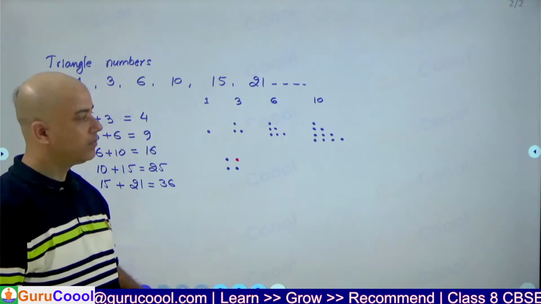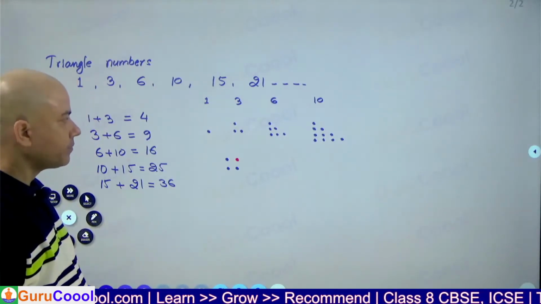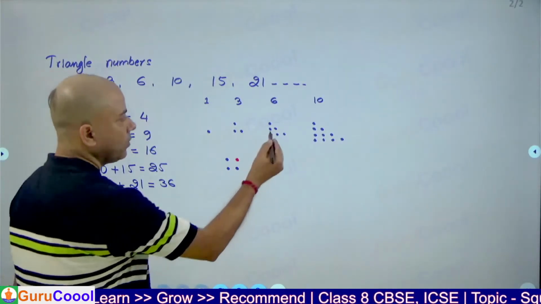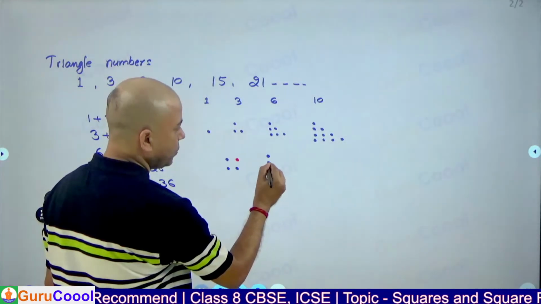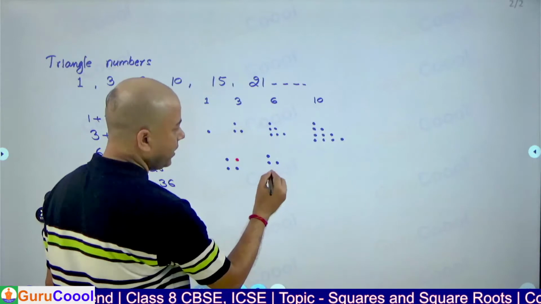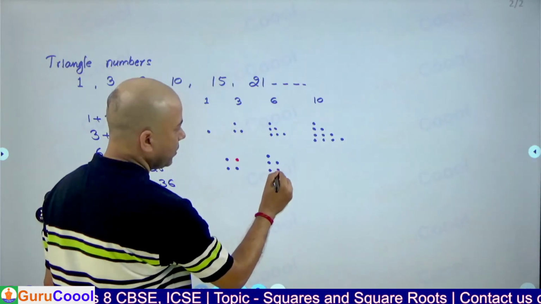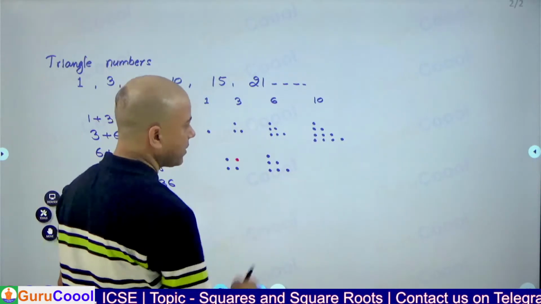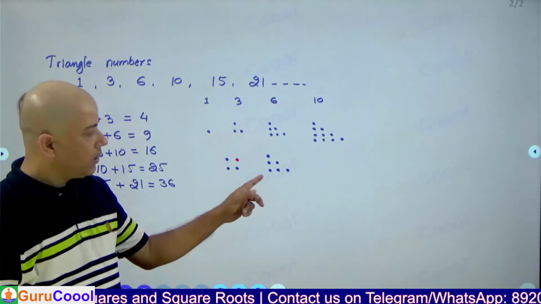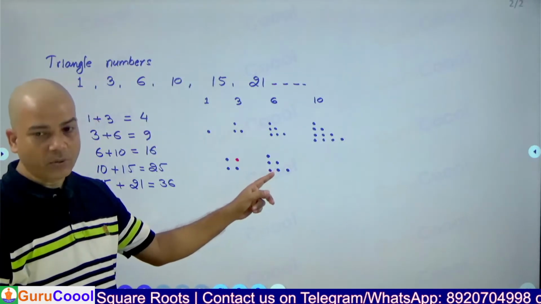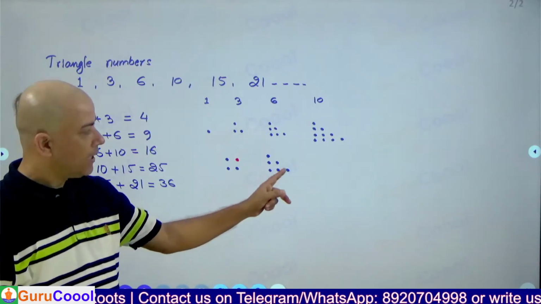Did you notice? Now let us see 6: 1, 2, 3, 4, 5, 6. I have created 6 dots. What do you think? How many extra dots are required to complete the square here?